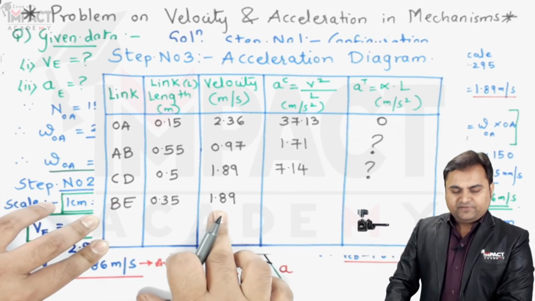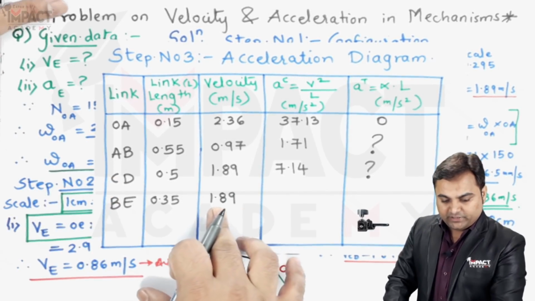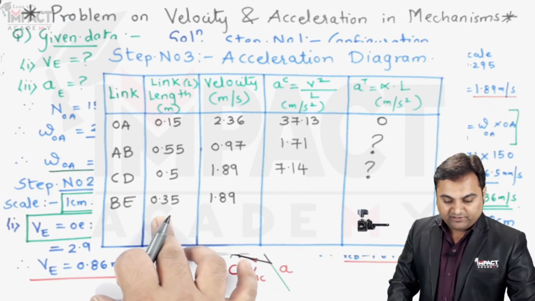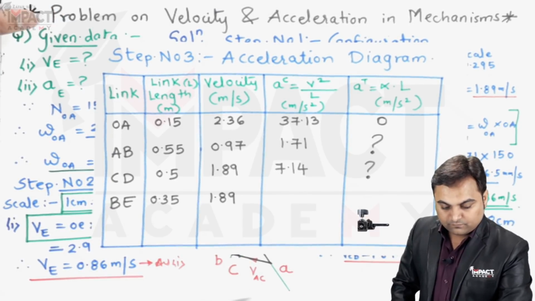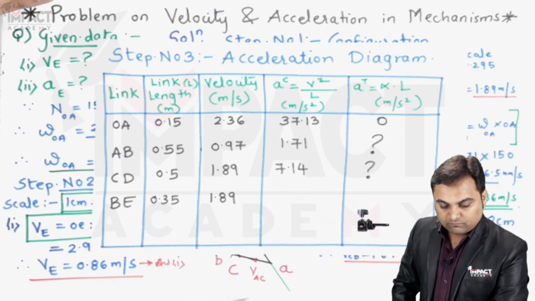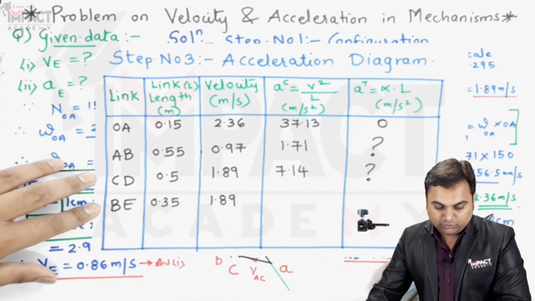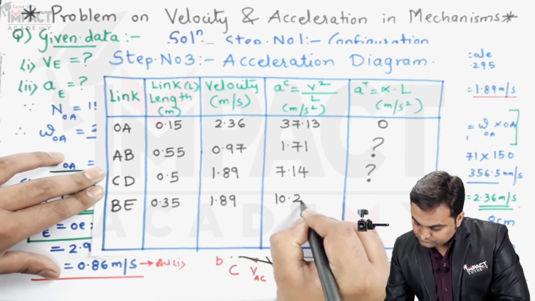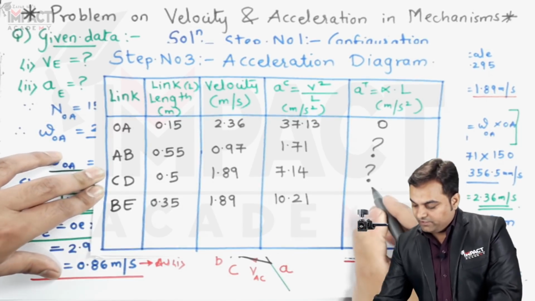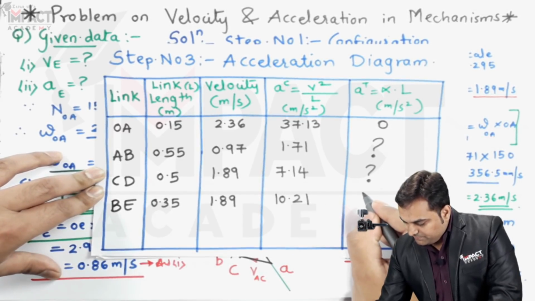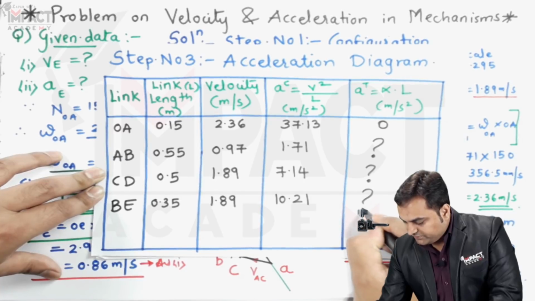Next, similarly centripetal acceleration 1.89 square divided by 0.35. It is 10.21 meter per second square. And again the tangential acceleration magnitude is not known, but we can find it out.